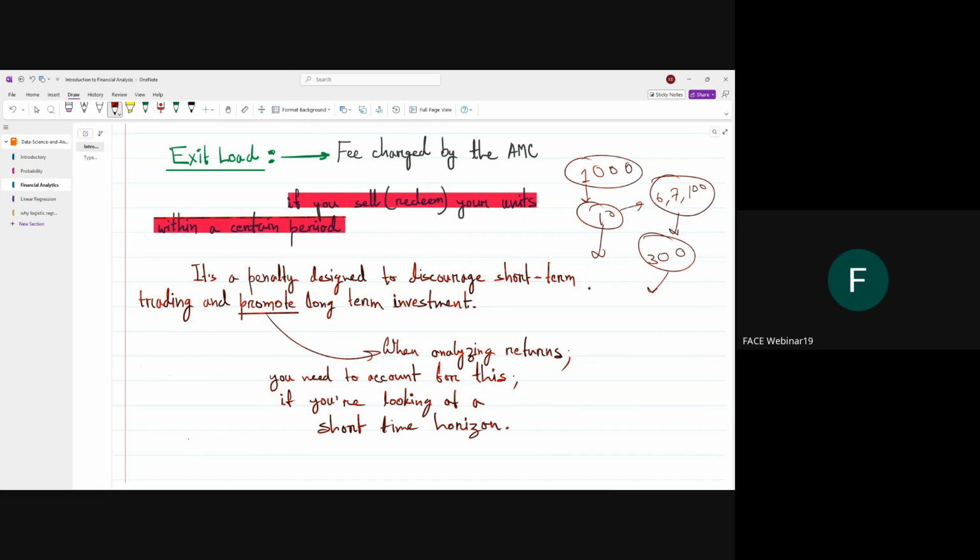So after 10 people have left, there are 990 people, and this extra fund will be divided and added to the portfolio of these people.